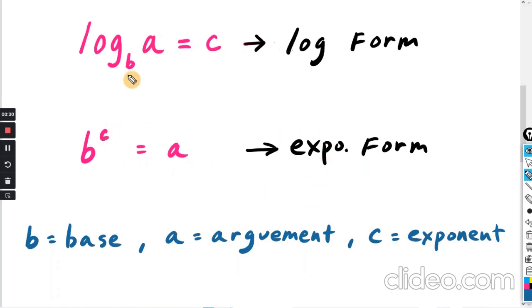So this number here, whatever this number is, B, the base, becomes the number that's being raised to a certain exponent, okay? And the number on the right-hand side of the equal sign, when it's in logarithmic form, is going to become the exponent, okay? And the argument A becomes the number on the right-hand side of the equal sign when you translate to exponential form.